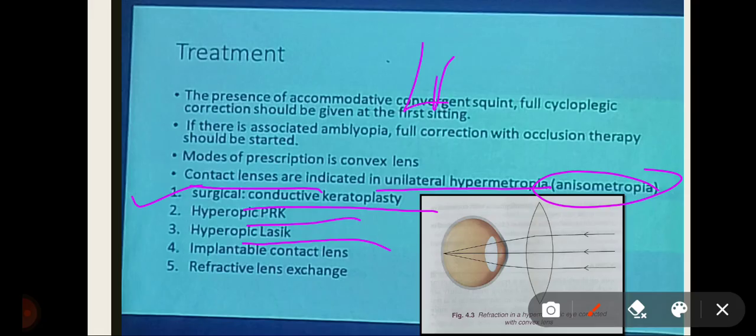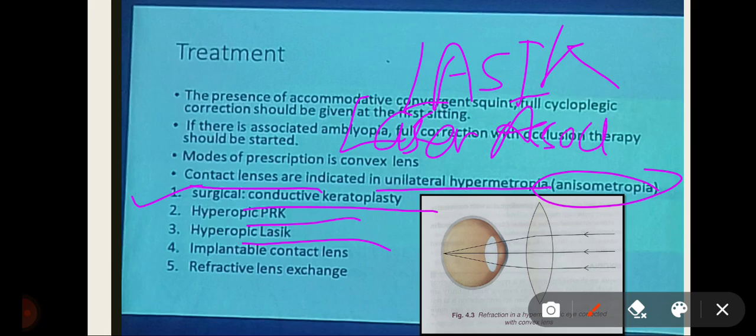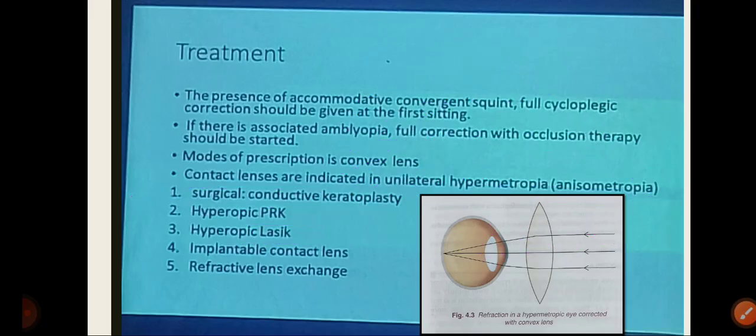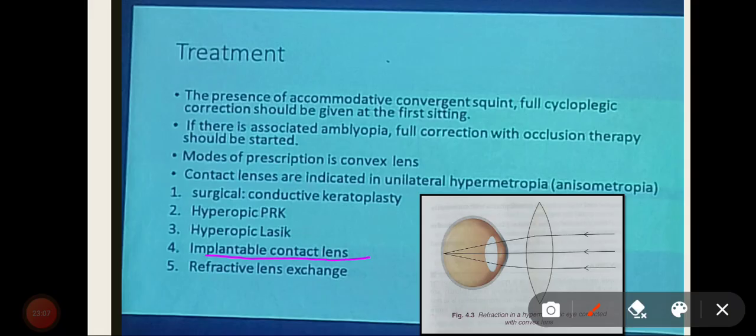LASIK is laser assisted in situ keratomileusis. There are also implantable contact lenses and refractive lens exchange.